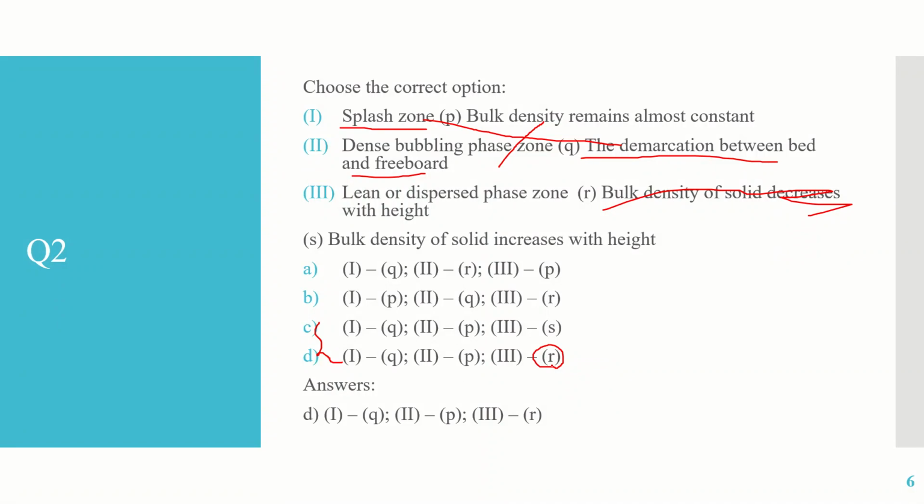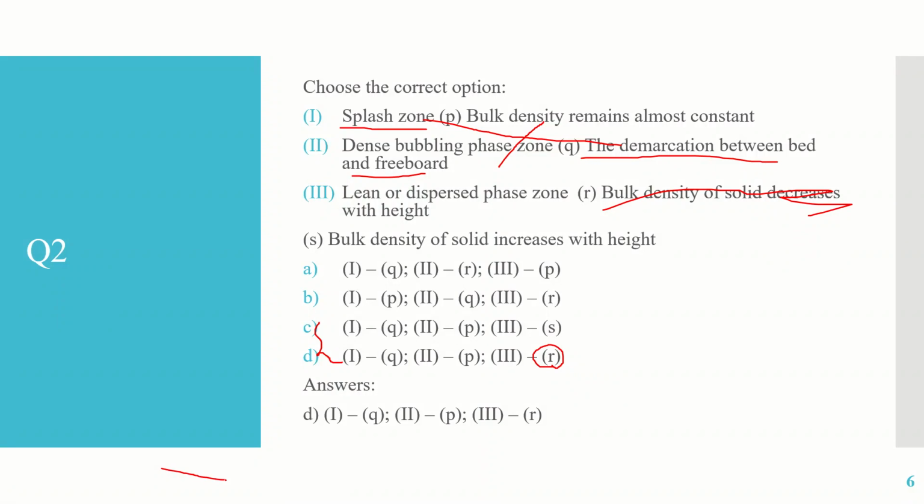So splash zone is nothing but the demarcation between bed and the freeboard, and dense bubbling phase zone is the region where bulk density remains almost constant. And in option 3 it is lean or dispersed phase zone where the bulk density of solid decreases with height.